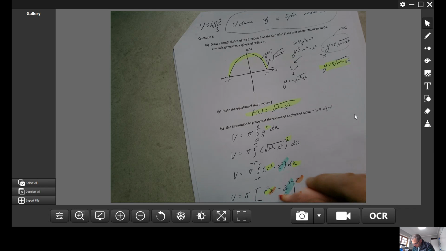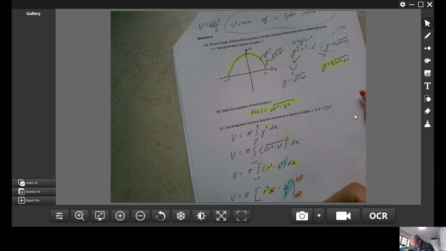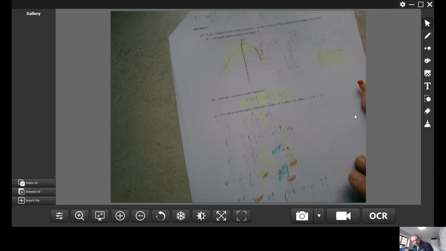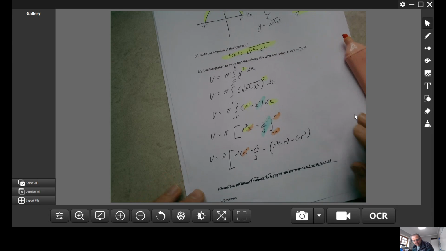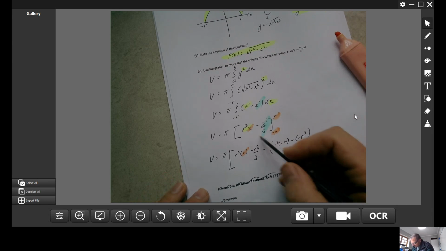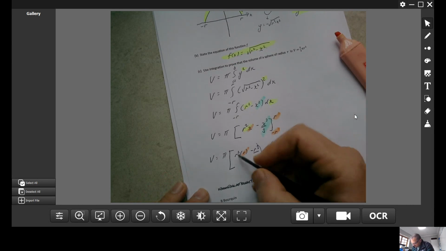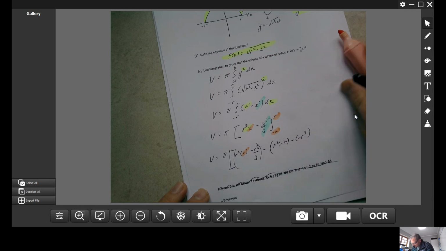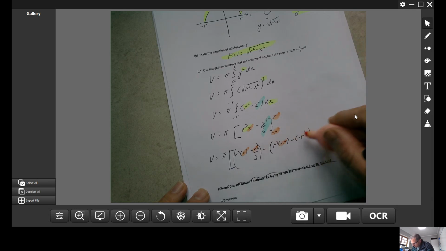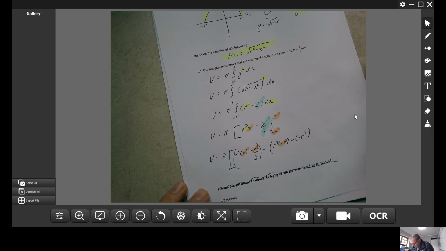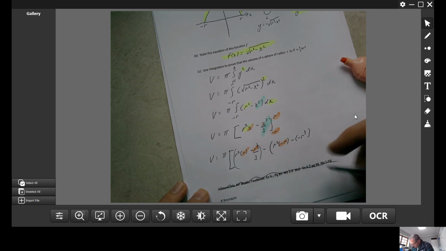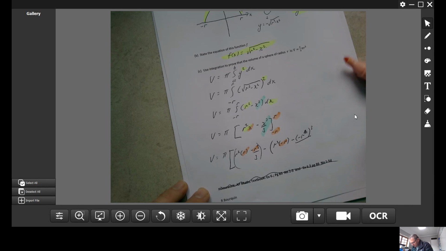So if I replace x with negative r, that's going to become r squared times negative r minus negative r cubed. Okay, sorry about that, I often do this. Replace the x's with r in the first part, minus, and then replace them with negative r in the second part. So it'll be minus r cubed, all over 3.